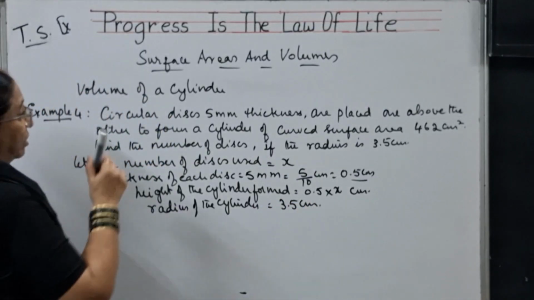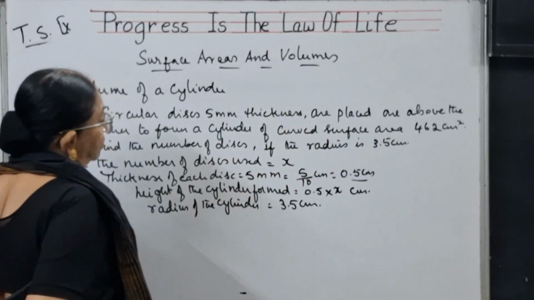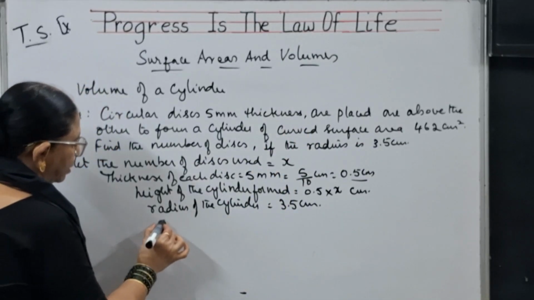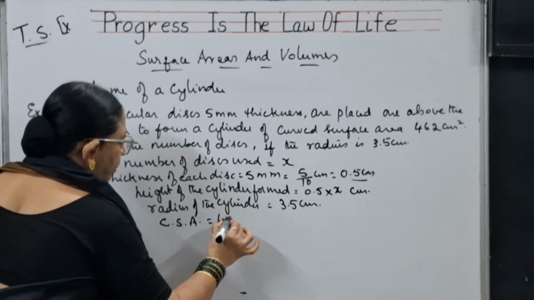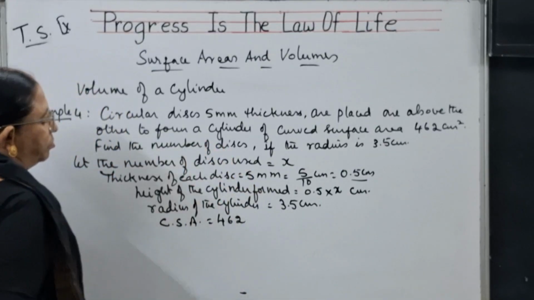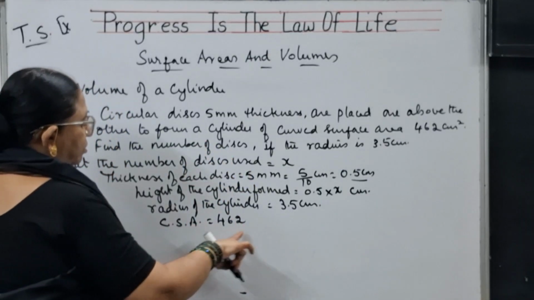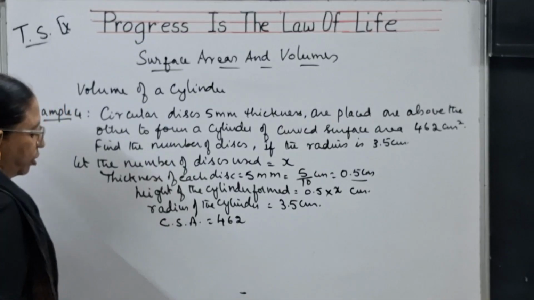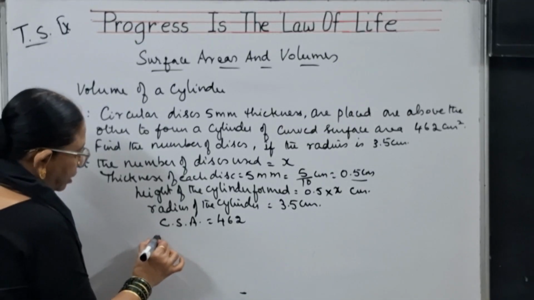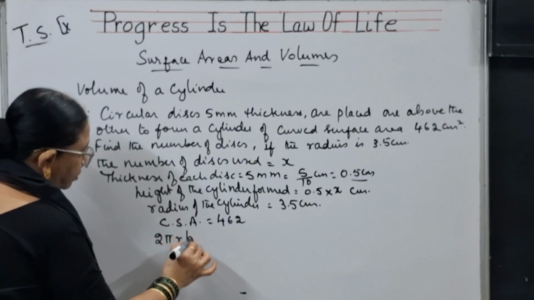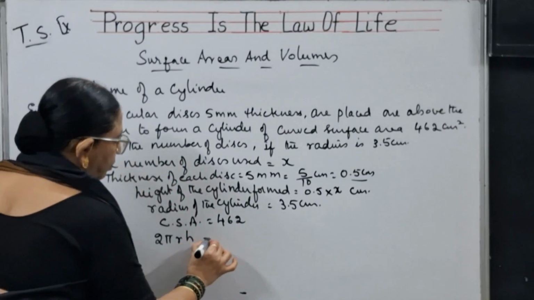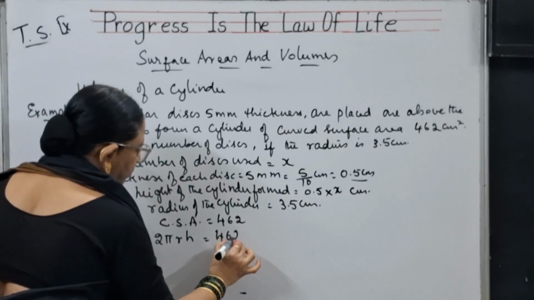So what else they have given? They have given 462 also. Curved surface area is given as 462 square centimeters. What is the formula for curved surface area? Perimeter of the base into height. So 2 pi r h is equal to 462.